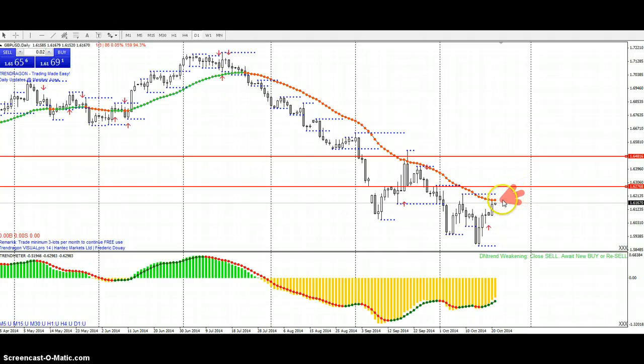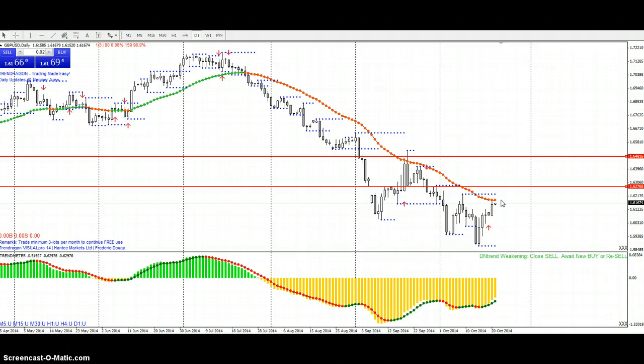the currency is at the daily trendragon trend line, as well as another level of resistance and a previous level of resistance, and there's another one here. So this area here, between basically now and the 1.6276, is a strong level of resistance, and it's about, I would say, 100 pip of level of resistance.